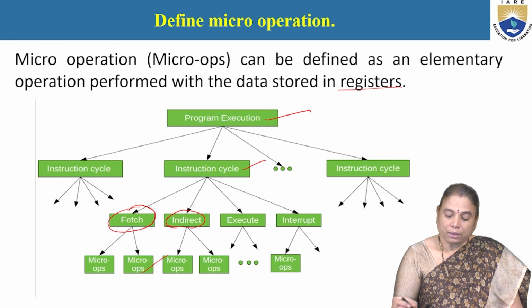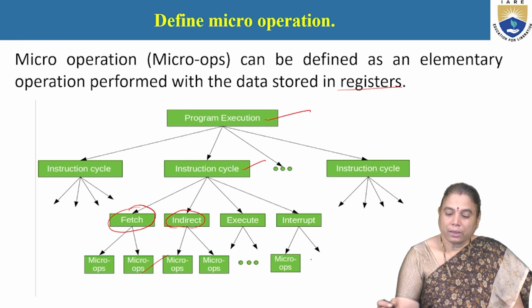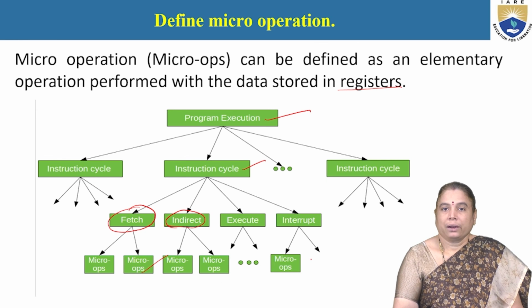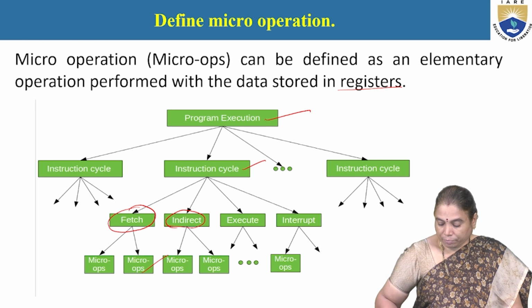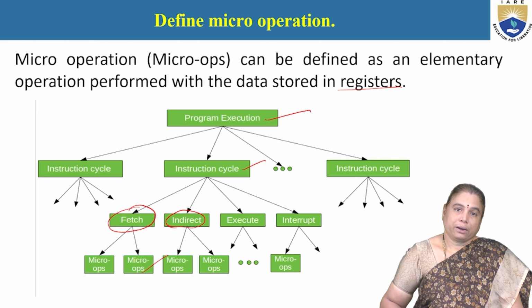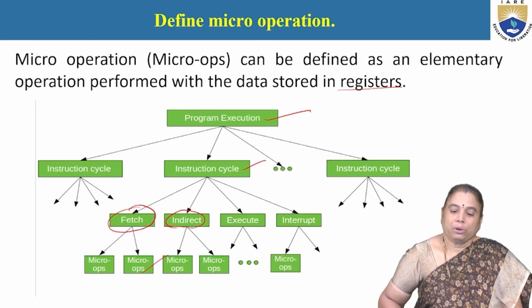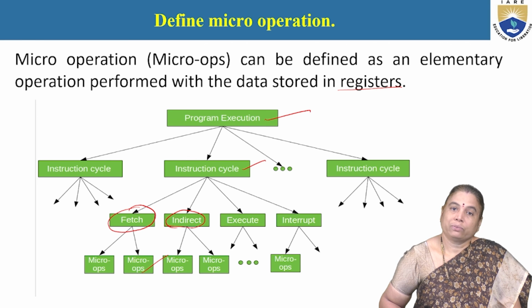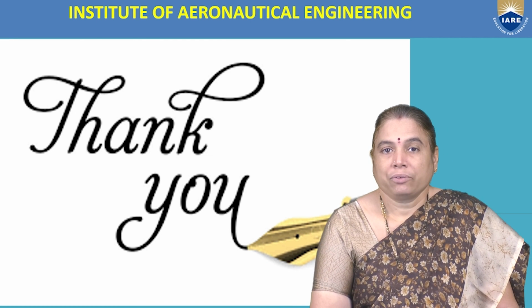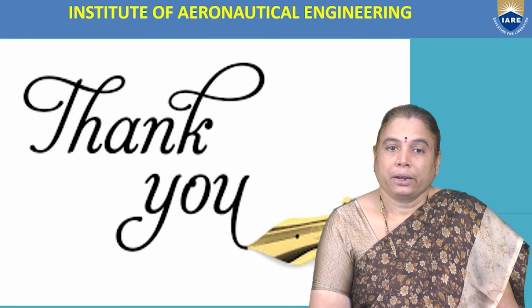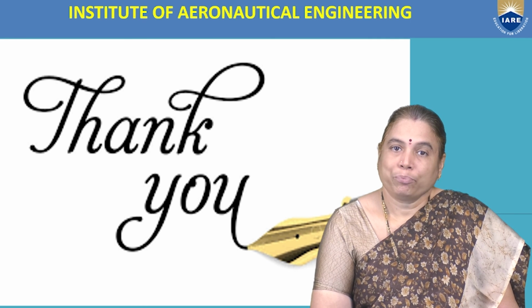So the micro operations can be used for data manipulation, data storage and retrieval, and program control also. So these are the terms and definitions related to the organization of computer.